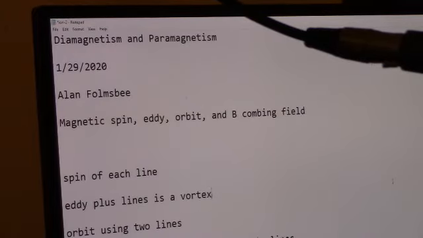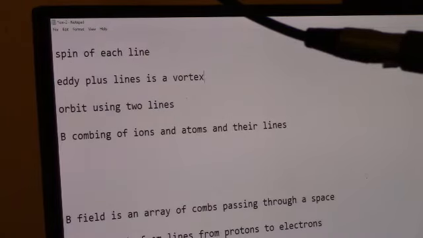The B field is a combing mechanism, and so is the spin of each line. When I'm talking about a line of flux, that means there are 3 dimensions in that line: 2 space dimensions and 1 counterflowing time-like dimension. That provides local torque available for radio waves, for example.